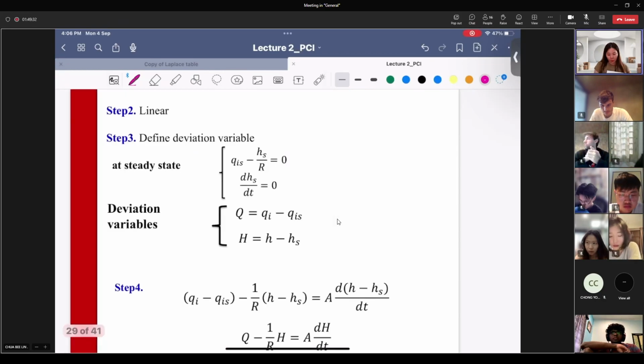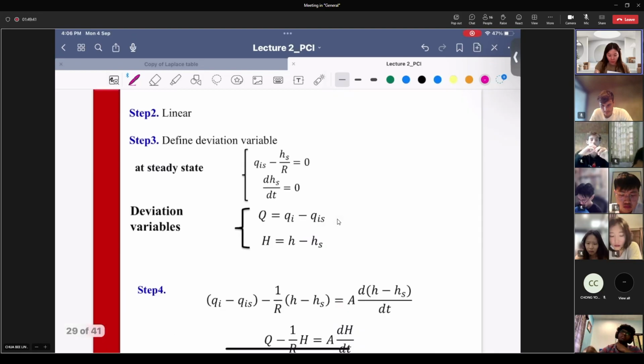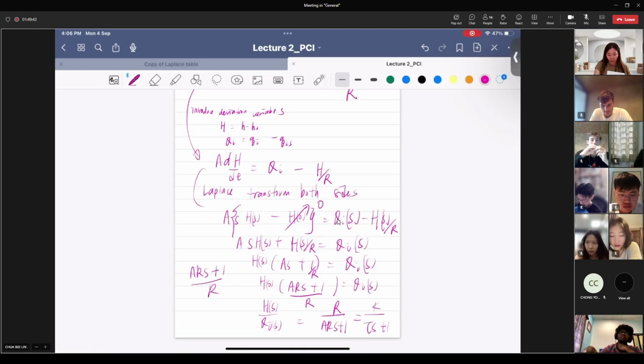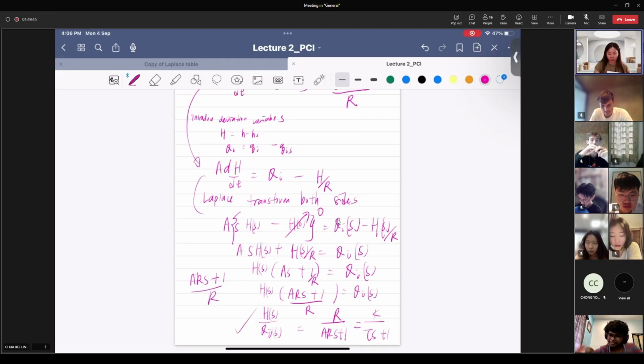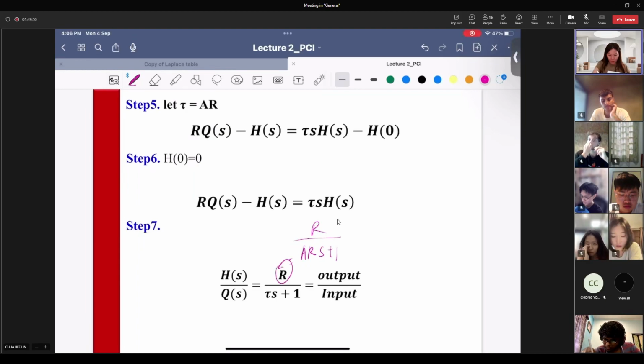So R over tau S plus 1, which means you have the AR S plus 1 over the R. Correct, my answer? Let me check again. Yes, R over ARS plus 1, correct.